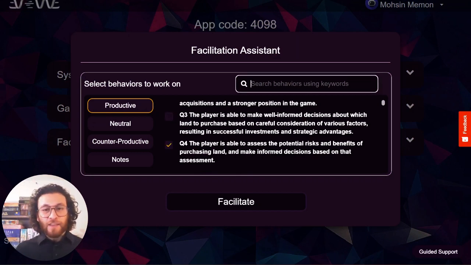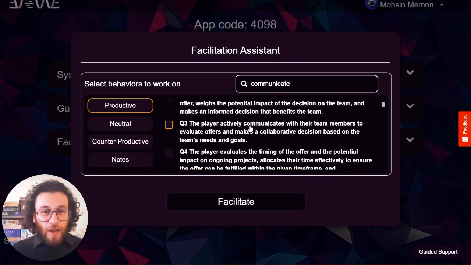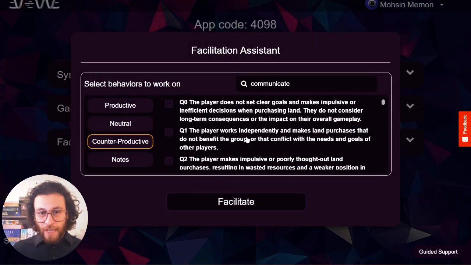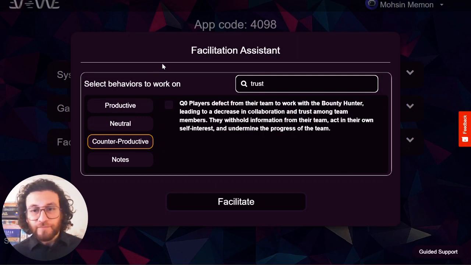Let's say that we are looking for how well they communicate, or how well they're unable to communicate effectively. So let's type that out and see, and we've got the player actively communicates with their team. Okay, that sounds pretty good. So let's select that one, and let's go over to the counterproductive behaviors, and let's see if we're able to find anything on trust.